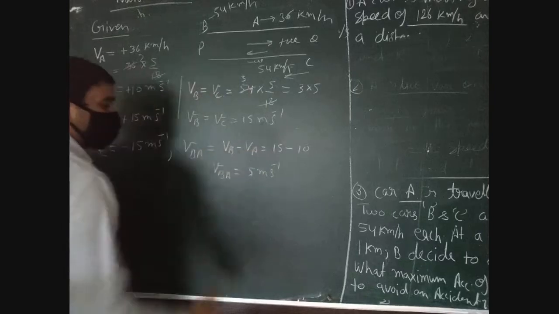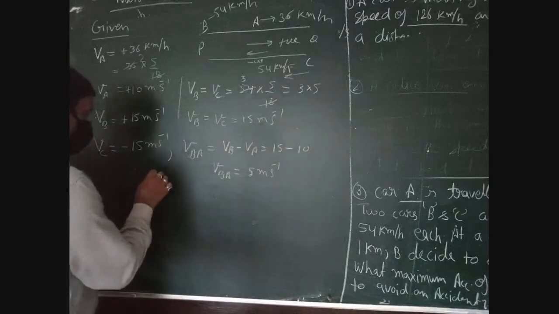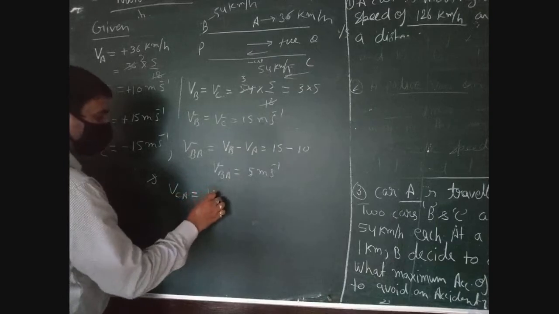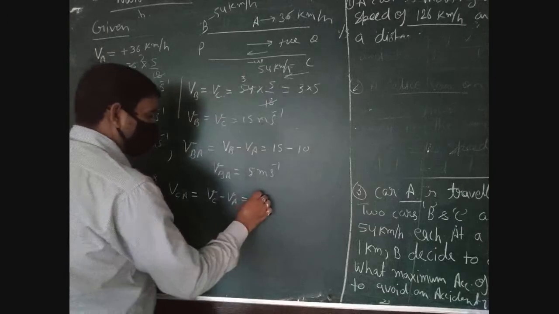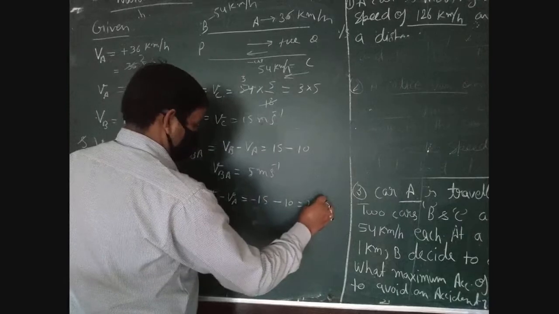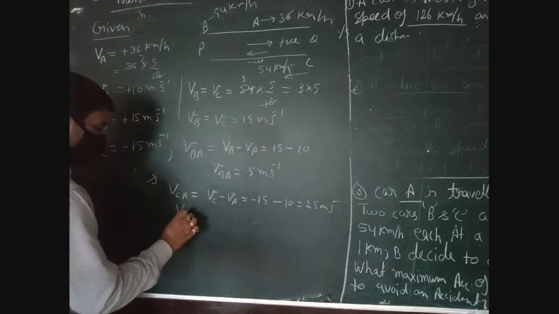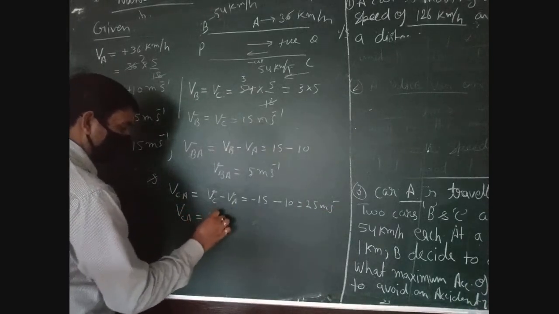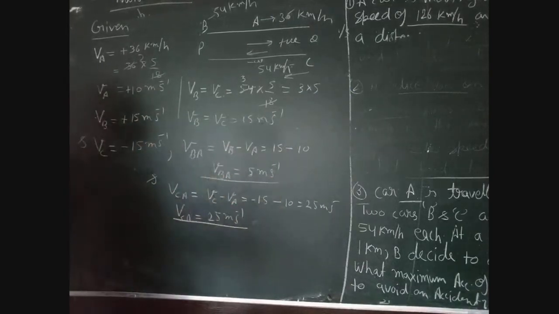This is the effective speed of car B with respect to A. And VCA is VC minus VA. VC is in the opposite direction, so minus 15 and minus 10 is 25 meter per second. So the effective speed of car C with respect to A is 25 meter per second. These are the relative speeds.